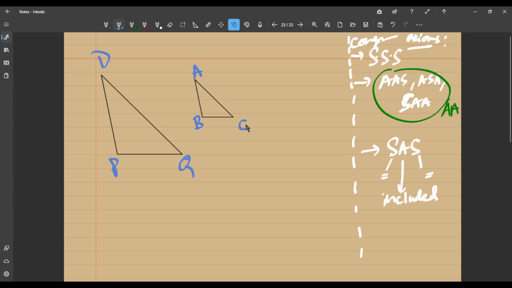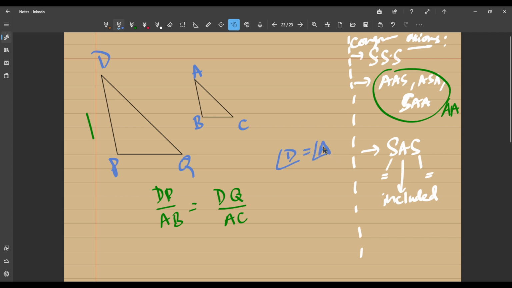Okay, and let us try to see that if DP by AB is equal to DQ by AC, that is these two sides are in the same ratio as these two sides, and moreover I know that angle D is equal to angle A.